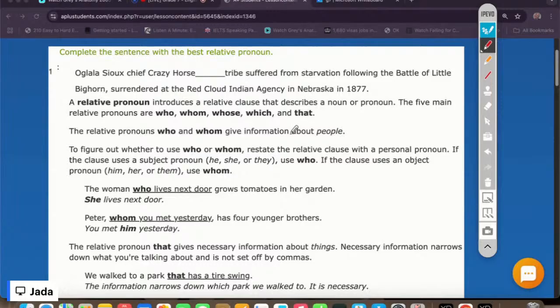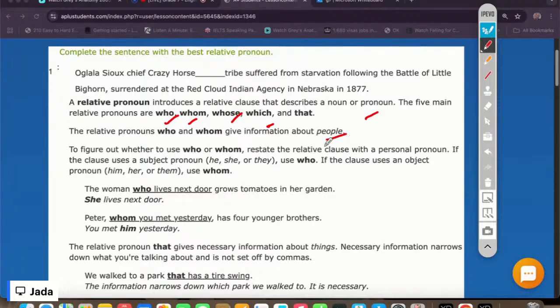Alright, so a relative pronoun introduces a relative clause that describes a noun or pronoun. The five main relative pronouns are who, whom, whose, which, and that. The relative pronouns who and whom give information about people, like we've said earlier.